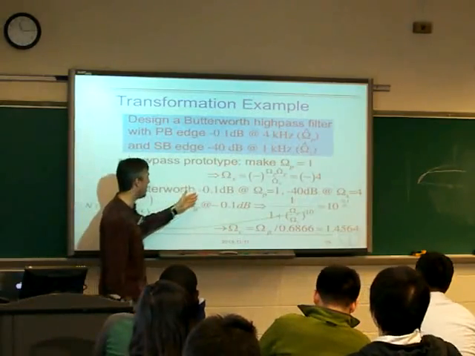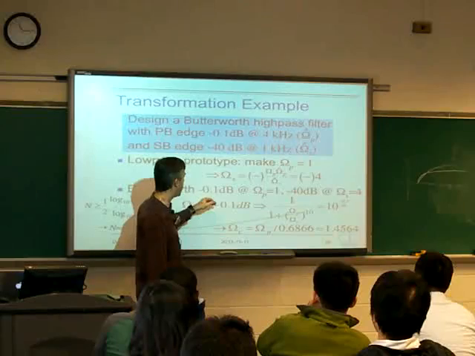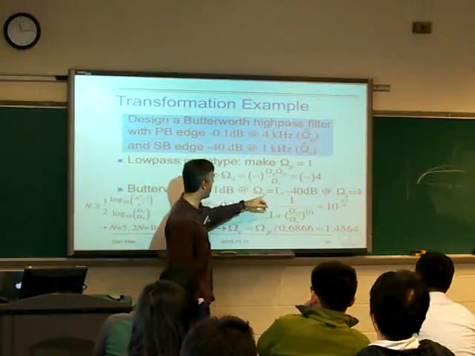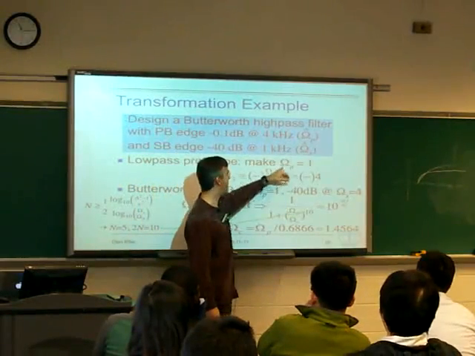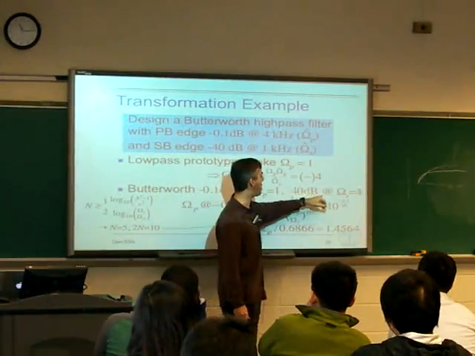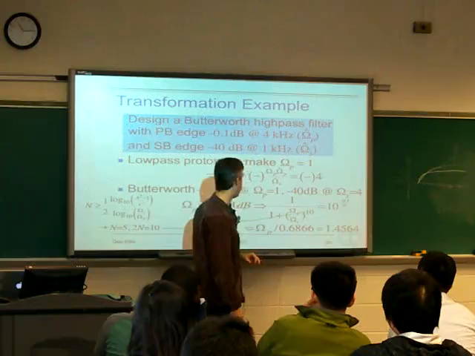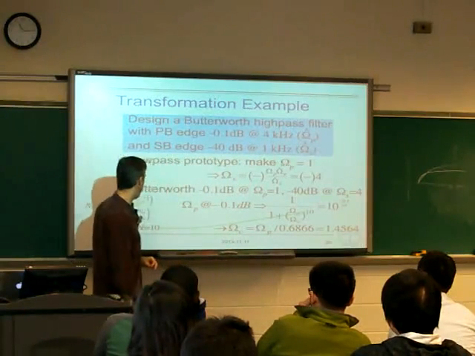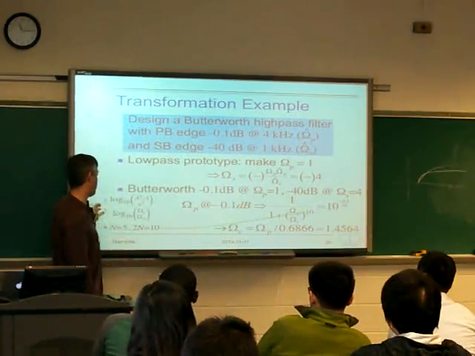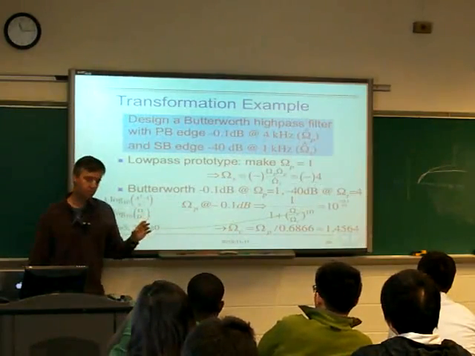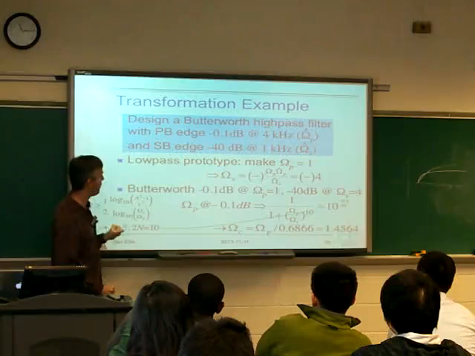So now we have our low-pass prototype, which is 1 dB down at omega p, which we took as 1, and then 40 dB down at omega s equal to 4. Sorry, I missed something. What was the value for omega s hat?